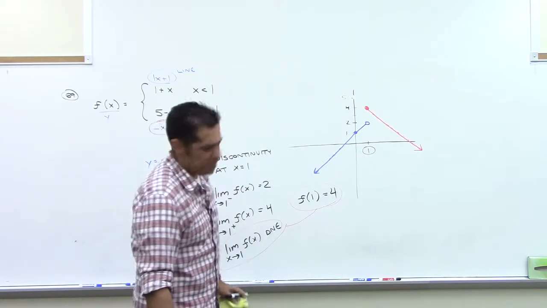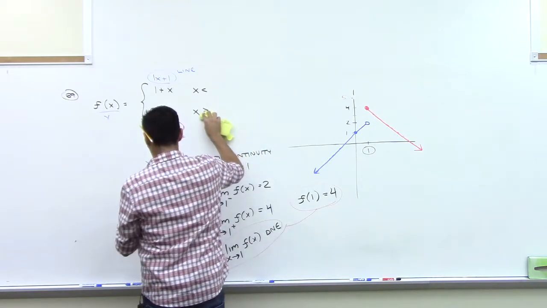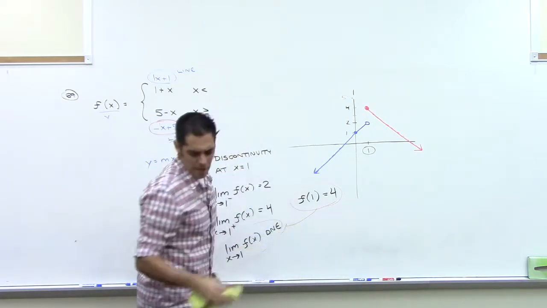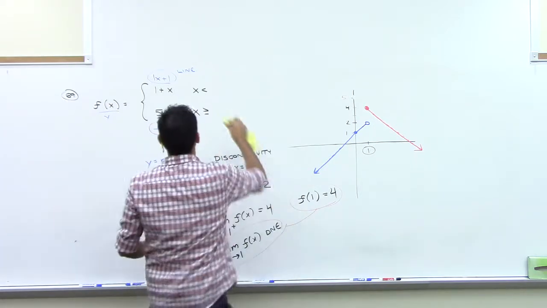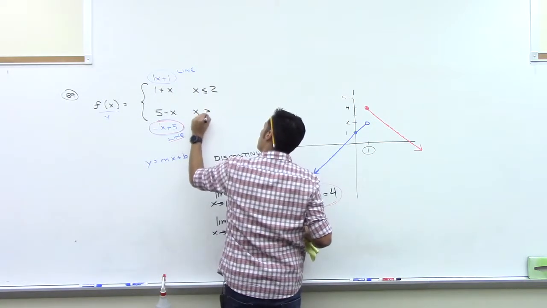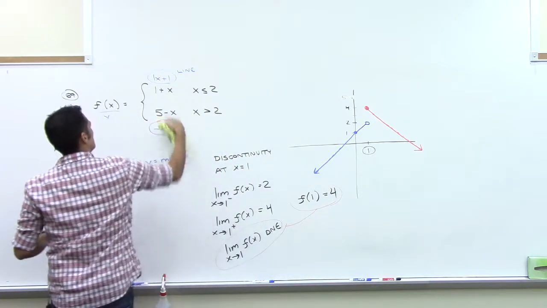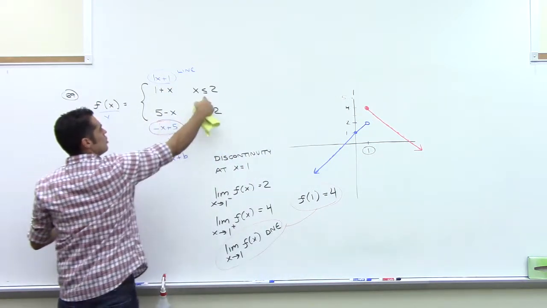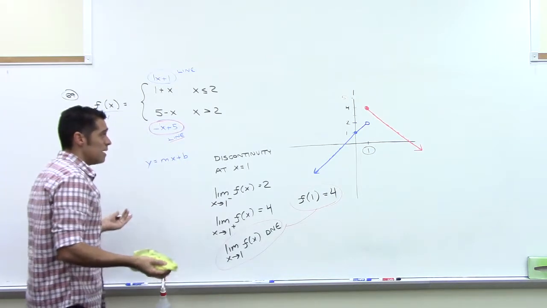71, the difference in the problem is that they changed this right here. They changed that to less than or equal to 2 here, and then greater than 2. So they use the same functions, they just change where the change is occurring. So that does make a difference in my graph.